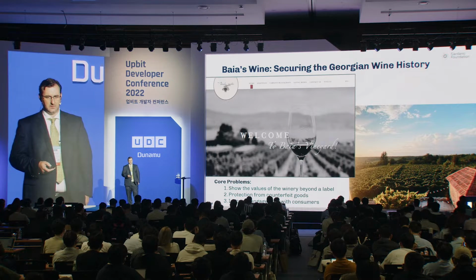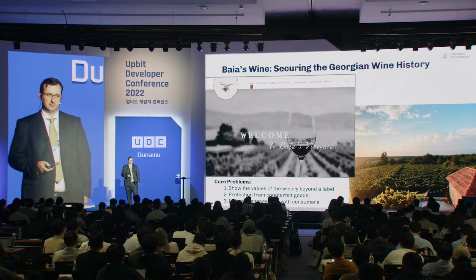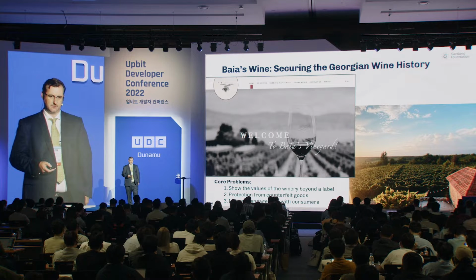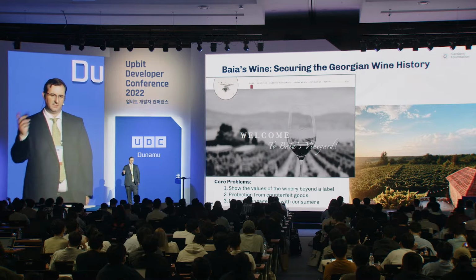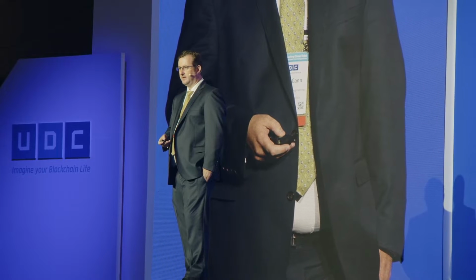So 2 years ago, myself and my colleague Jeremy started on a journey with a Georgian winery. Okay, so Georgia has the oldest tradition of creating wine in the world, and it's a beautiful country. And this is a very small vineyard, and we connected with them.